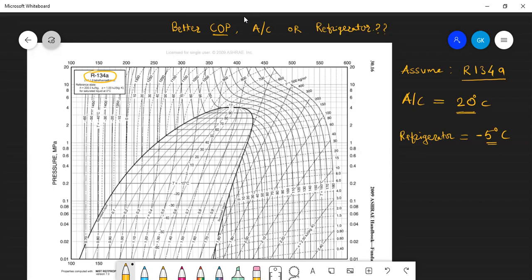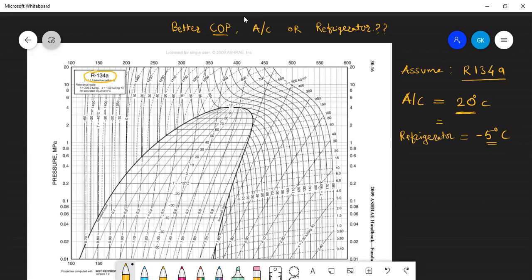But we want the actual evaporator temperature, correct? The outlet temperature for AC is around 20 degrees Celsius. So the evaporator temperature to maintain this 20 degrees Celsius should have at least a 5 degrees Celsius temperature difference.